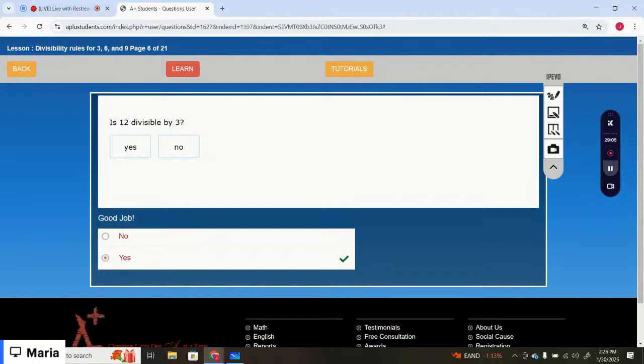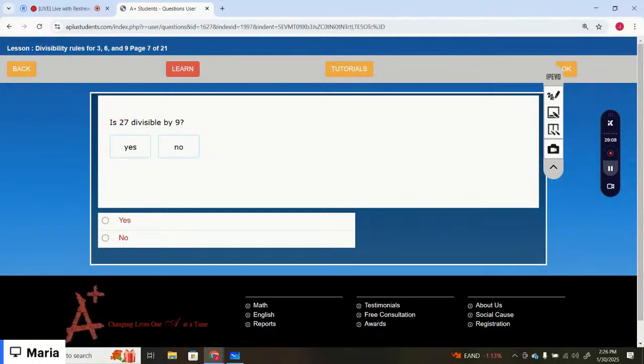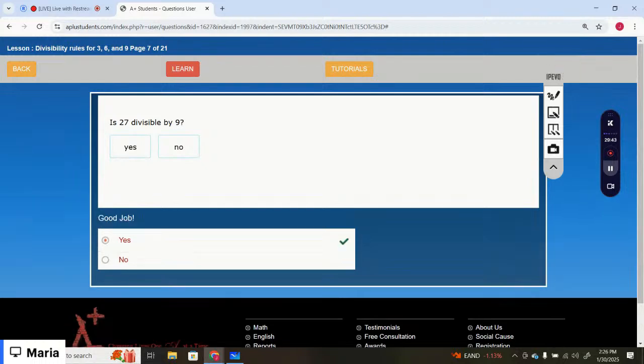Yes, it is. Option number 2 is the correct option. Is 27 divisible by 9? Yes, it is. 27 is divisible by 9. Very good.